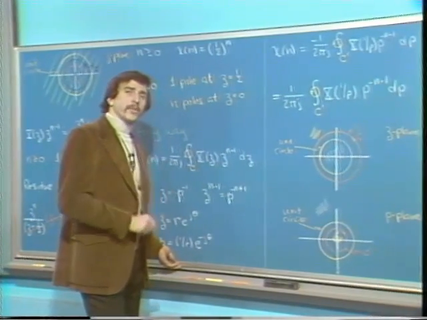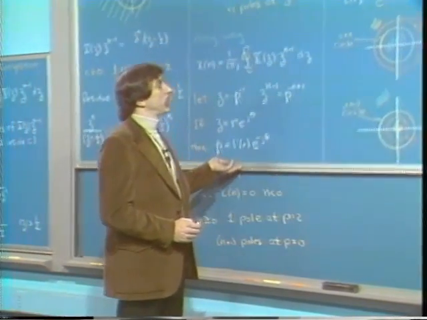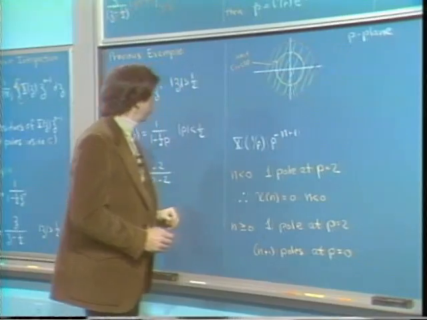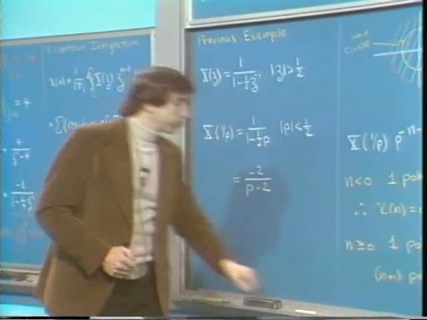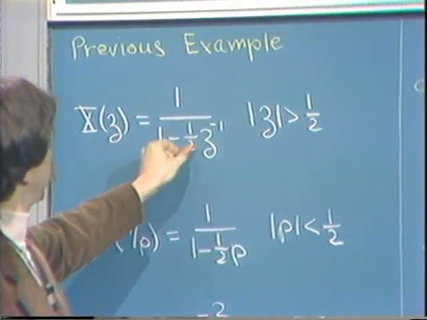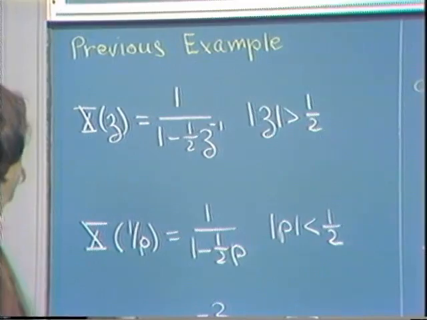All right, now with this substitution of variables, let's return to the example that we've been working. We had our example, X of z is 1 over 1 minus a half z to the minus 1, the magnitude of z greater than a half.